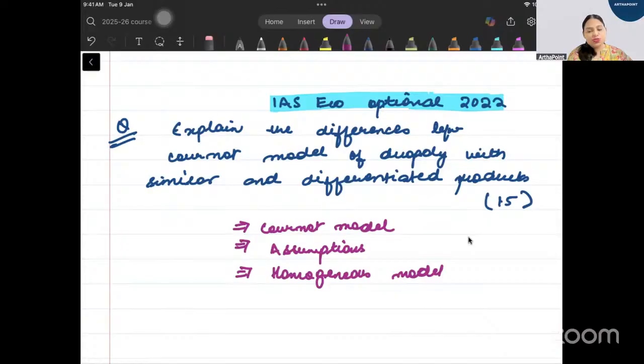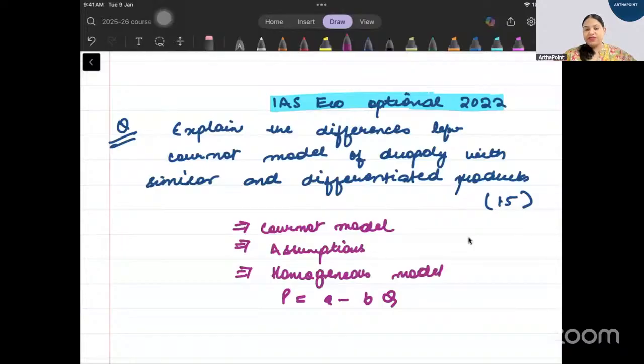In homogeneous product, because it's a homogeneous product, you have just one price prevailing in the market. So you have the equation P is equal to A minus B capital Q, representing that there is a single price dependent on the total quantity sold in the market. Now, when we talk about differentiated product, there will be two different prices, because the product is differentiated.